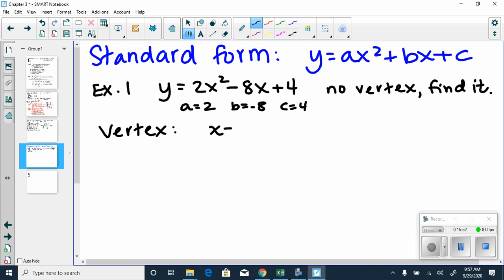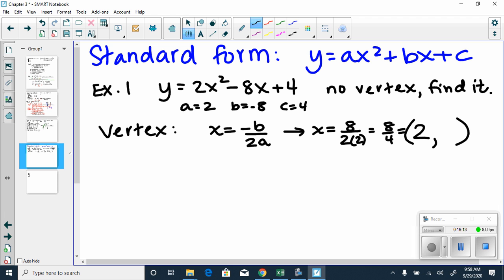Okay, and that's just the front part of the quadratic formula, by the way. So if I do that first, I will end up with the X coordinate. So X equals opposite B, since it's -8, it's going to be 8, all over 2 times 2. So 8 divided by 4, which is 2. So you just found the X coordinate is 2.